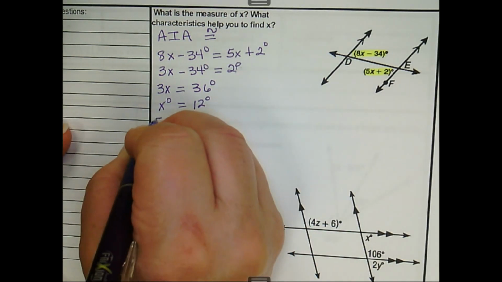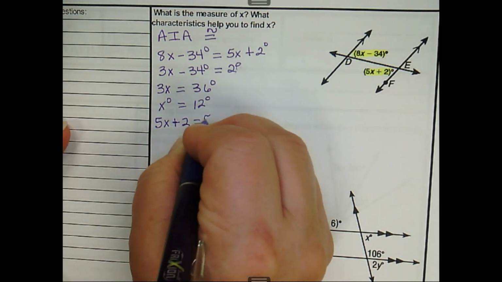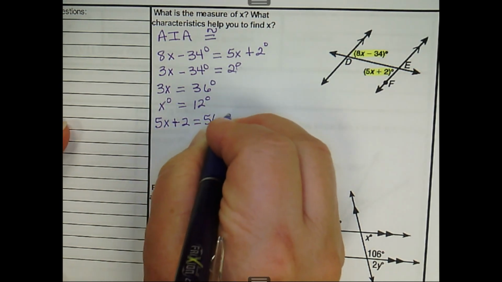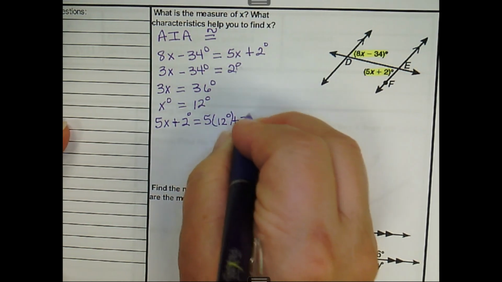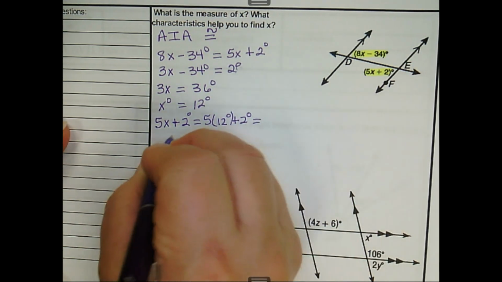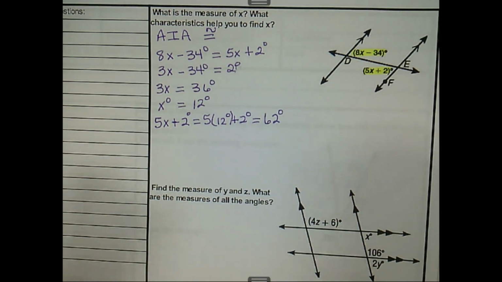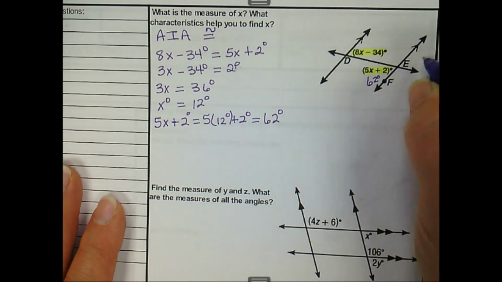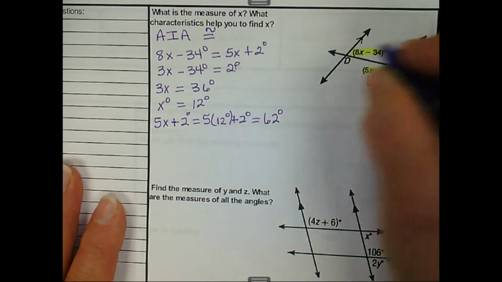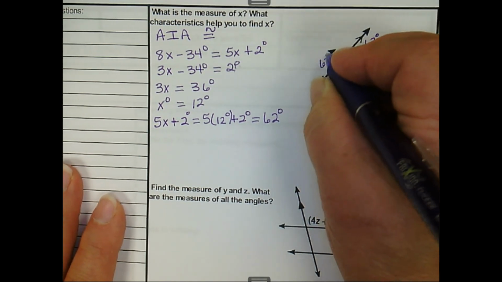So I've got 5x plus 2, which gives me 5 times 12 degrees plus 2 degrees. 60 plus 2 degrees is 62 degrees. So once I know 1, I know 4. 62 degrees, 62 degrees, 62 degrees, 62 degrees.